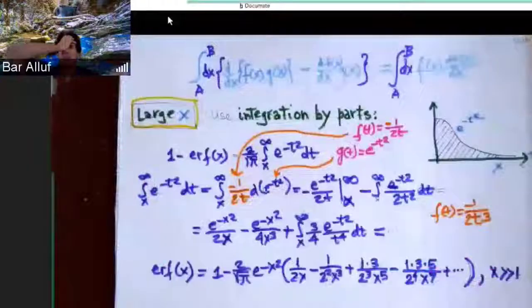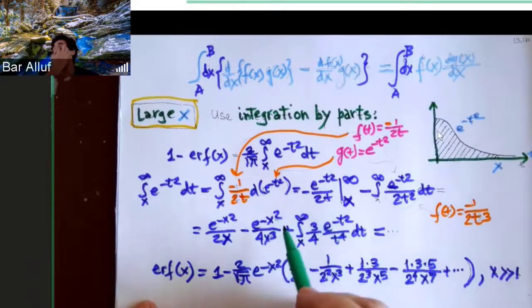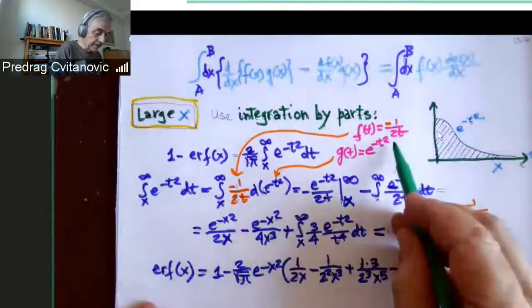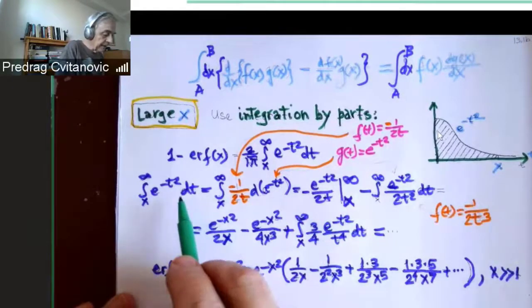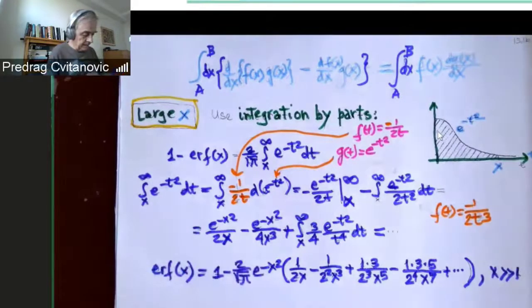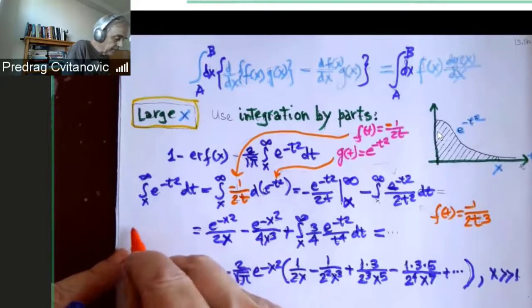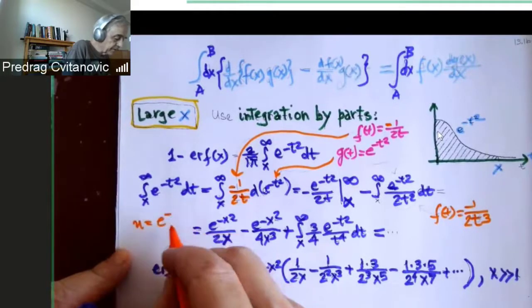Where did we get the 1 over t squared? The minus 1, the f of t, sorry. Where will you get this one? Or the next version? This one? Yeah. The first one was just an obvious thing. We change the integrand, so we went to a new integration variable, let's say u equals e to the minus t squared.